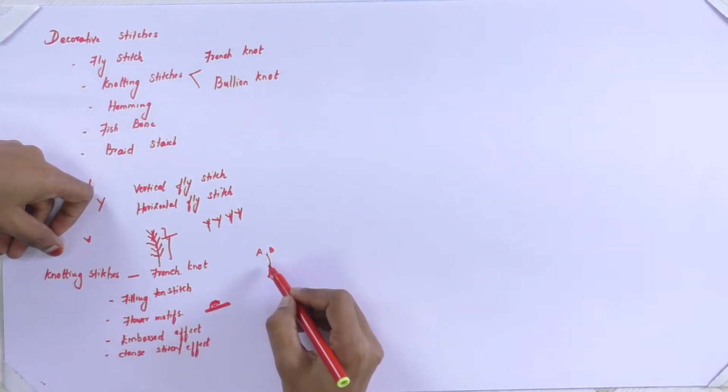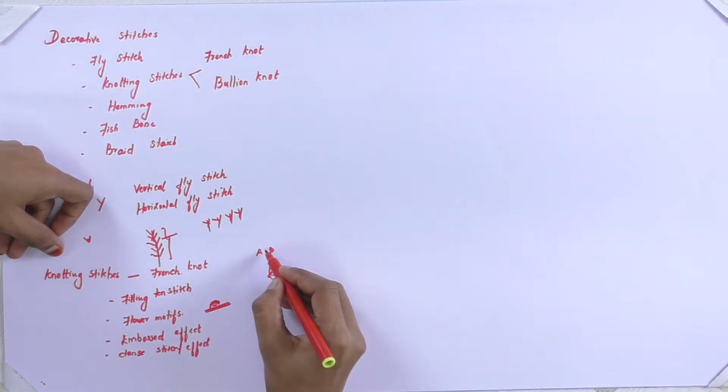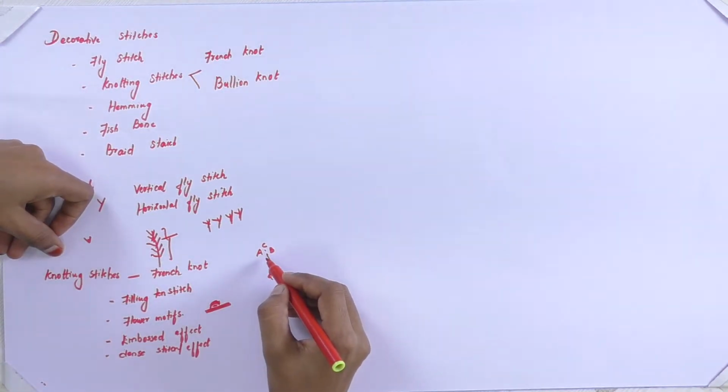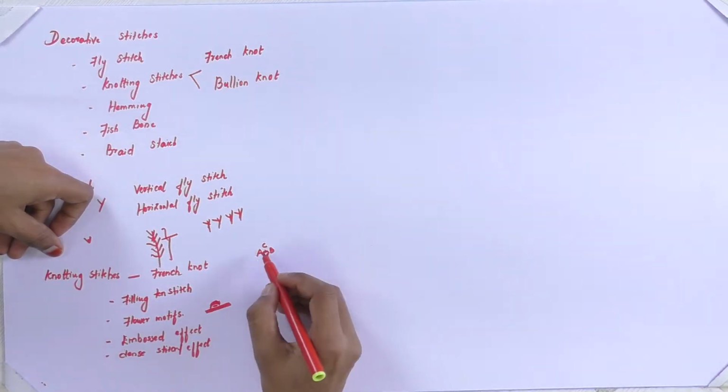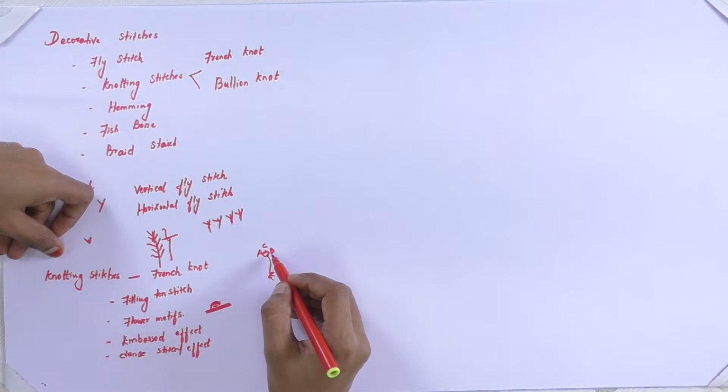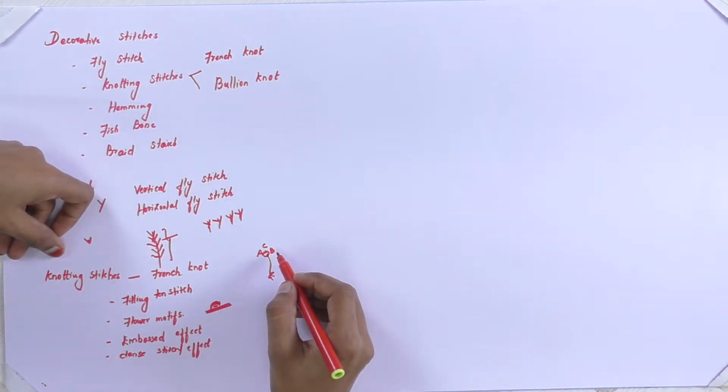Your needle should be in this manner, and you have to pierce at point C and pull your thread towards the bottom of your fabric, which makes the French knot at this point. Only 3 notations are involved for this French knot. So make it clear while doing your French knots.